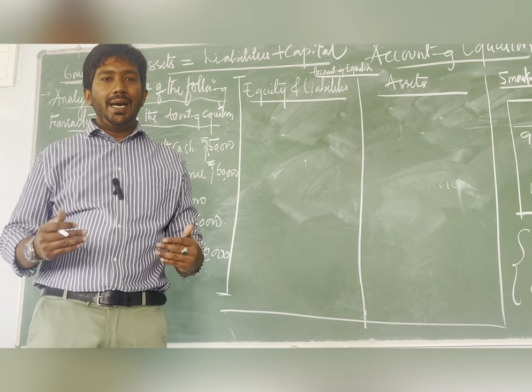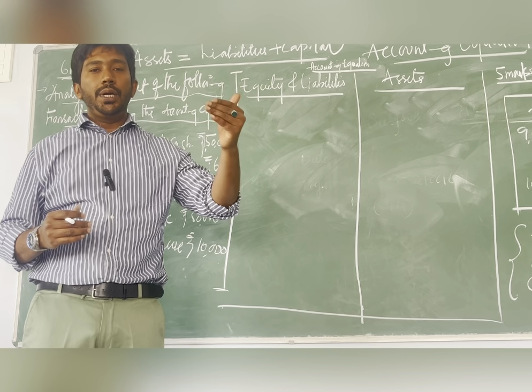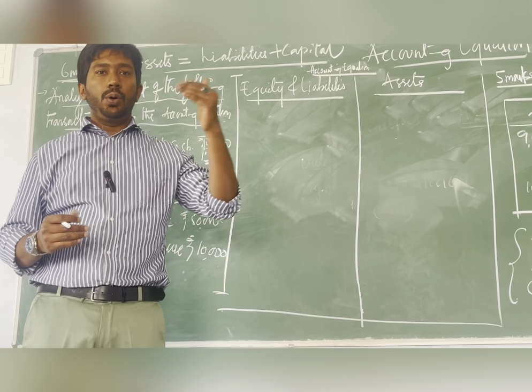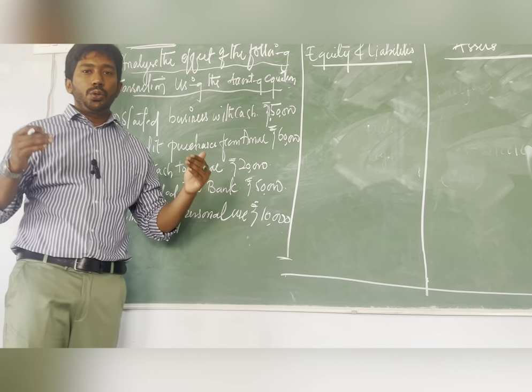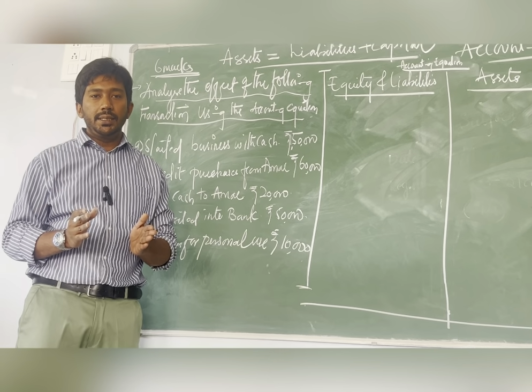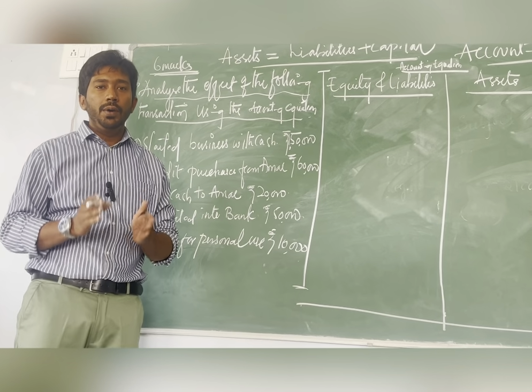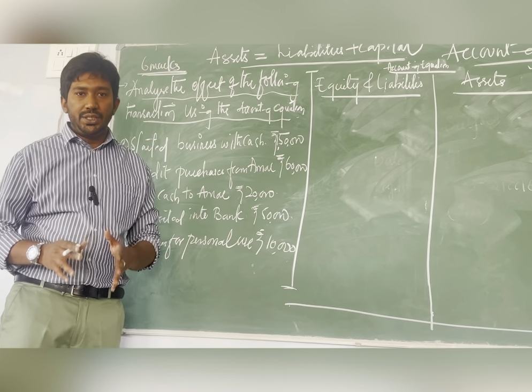So the balance sheet has three main parts: assets, owner's equity, and liabilities. These three parts are summarized into one particular statement known as the statement of financial position. It is also called the balance sheet.